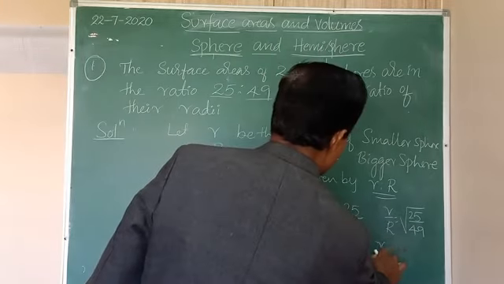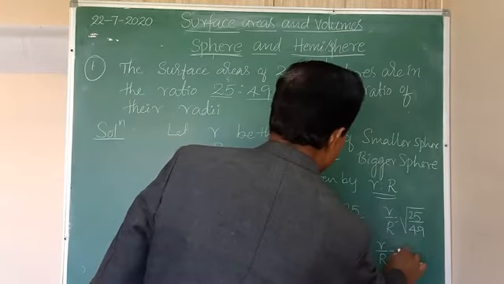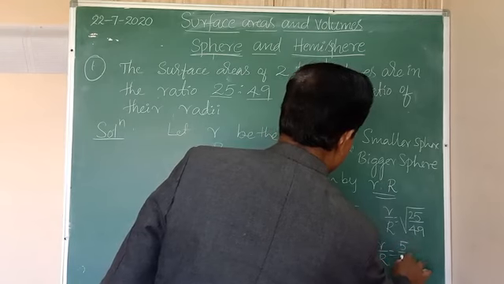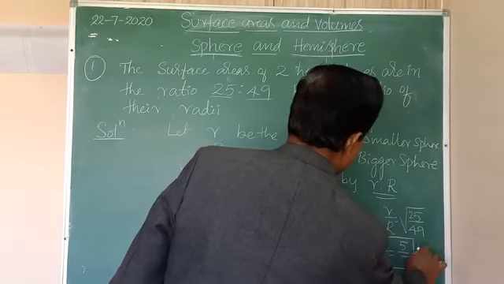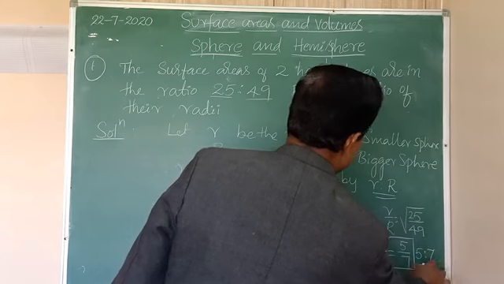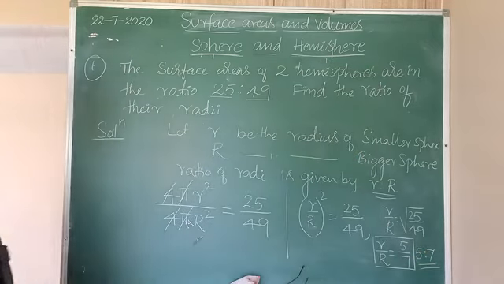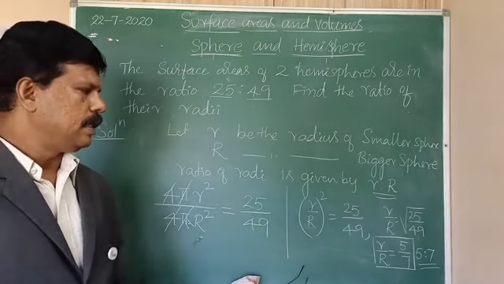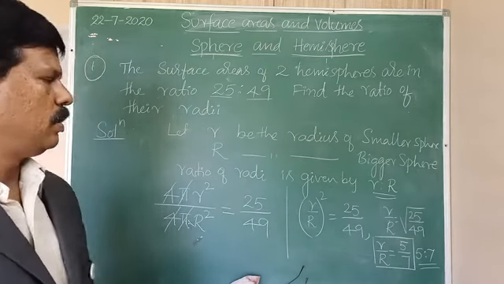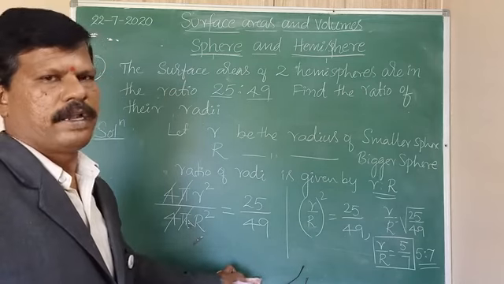So r by R equals 5 by 7. So the ratio r is to R is 5 is to 7.